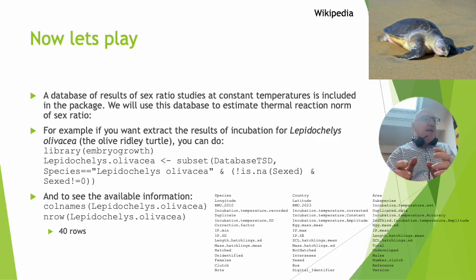The database has approximately 60 columns of information, and you can see them using the function colnames with the Lepidochelys.olivacea object. And you see that you have 40 rows of data for Lepidochelys olivacea.